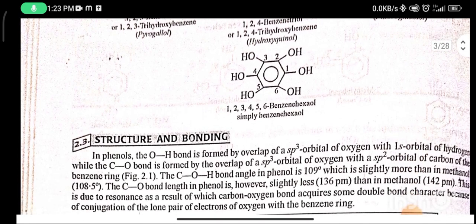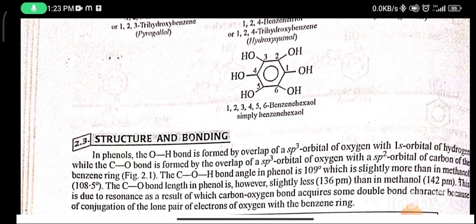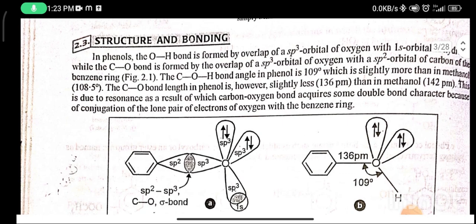1,2,3-benzenetriol, pyrogallol. 1,2,4-benzenetriol, hydroxyquinol. 1,3,5-benzenetriol, phloroglucinol. 1,2,3,4,5,6-benzenehexol, simply benzenehexol. Structure and bonding in phenols.